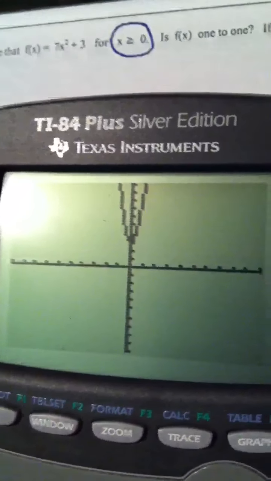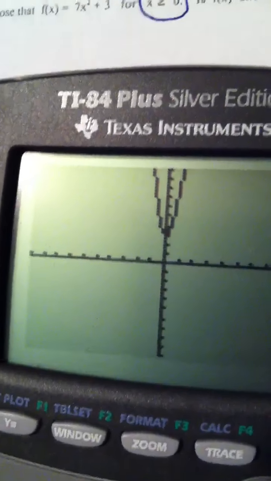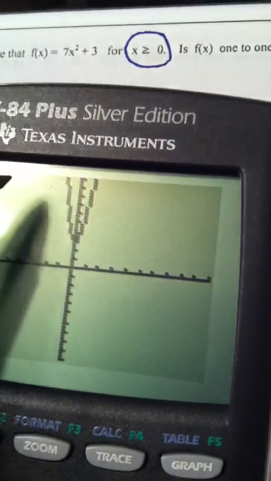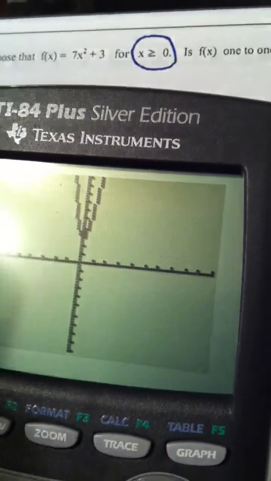So they're putting on what's called a domain restriction, and here's the reason they're doing that. This graph is not one-to-one. If you looked at this function, it fails the horizontal line test.